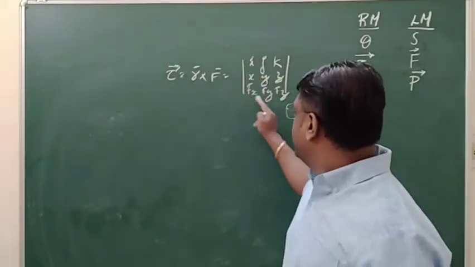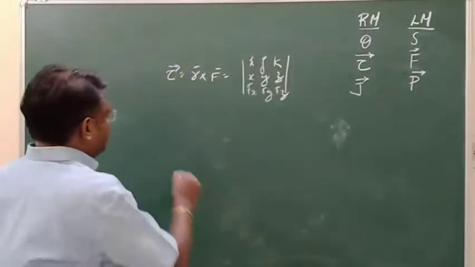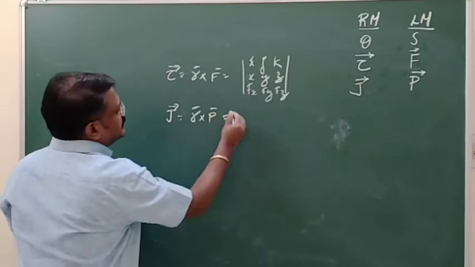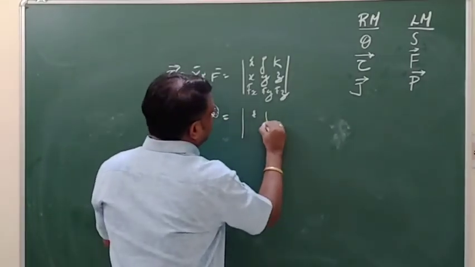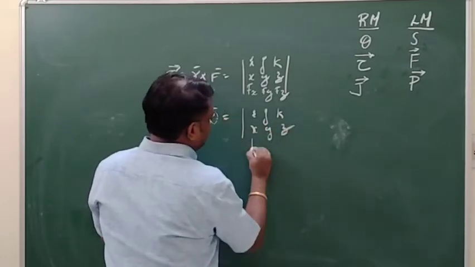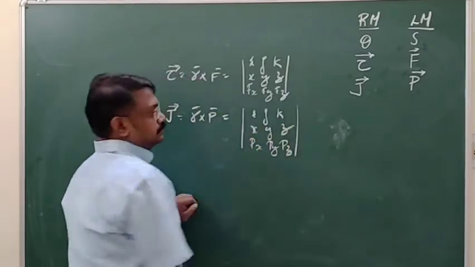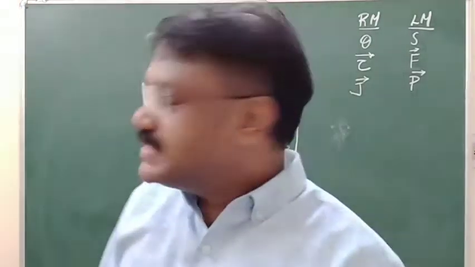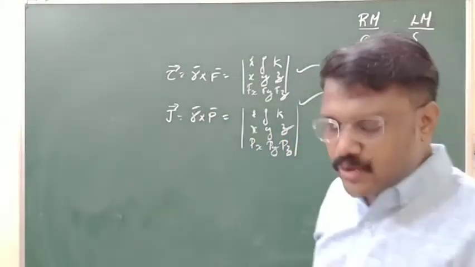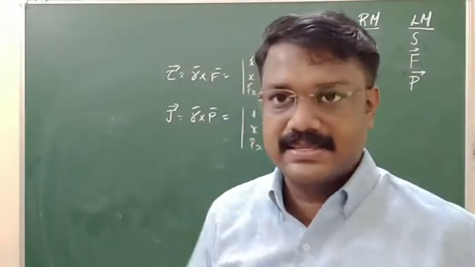Then what is J? J is equal to r cross P, so again I, J, K, x, y, z, then Px, Py, Pz. So these are the expressions for torque and angular momentum in terms of their components.